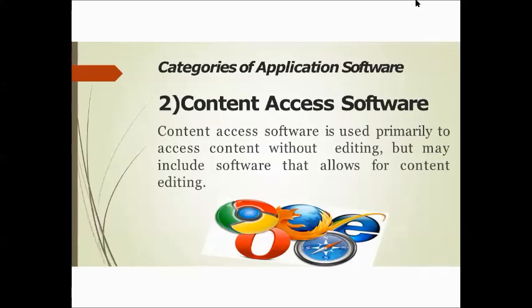Examples of content access software are media players and web browsers. Ulitin ko, ito yung mga browsers. We have Google Chrome, Mozilla Firefox, Internet Explorer, Opera, and this one is Safari. So that is the second category.